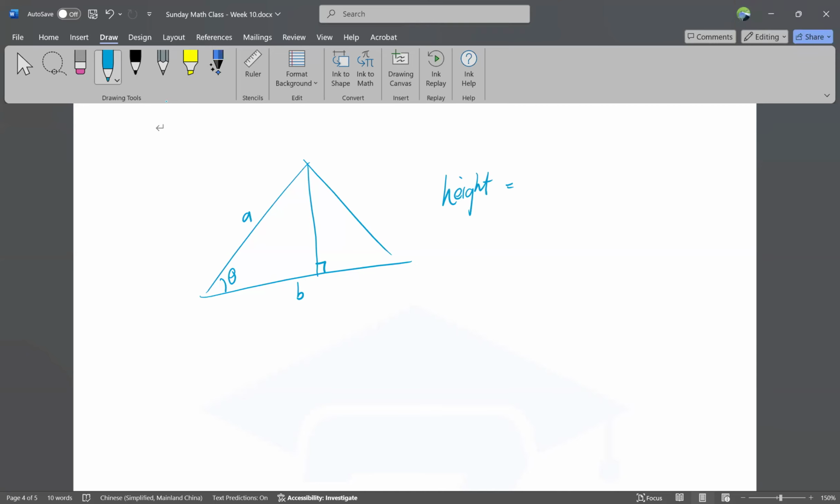Is it cos theta equals b over h? Oh yeah, tan theta equals h over b. Nice, very close. Actually tan theta is h over a.